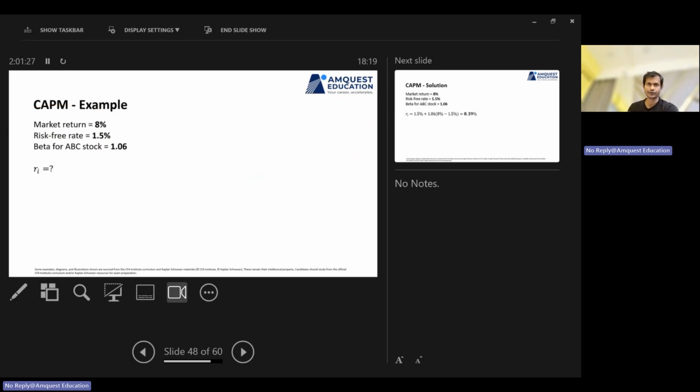Look at an example of how you'll find the formula. So if I tell you compute what is the expected return using CAPM, what's the answer going to be? Very simple.